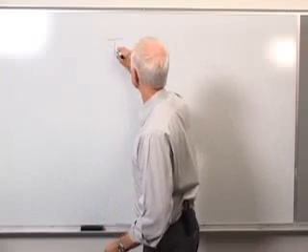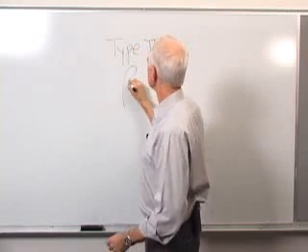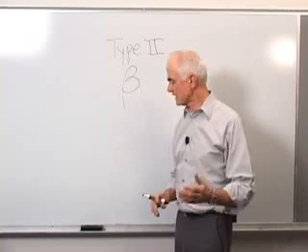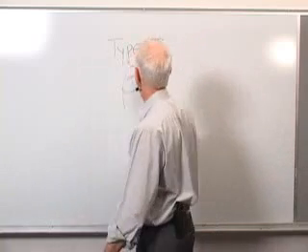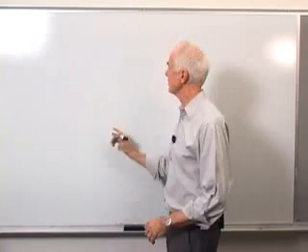Type 2 error is denoted by beta, this Greek letter, and beta is the probability of committing a type 2 error. Let's take another look at our bottling problem and see how we could possibly commit a type 2 error.